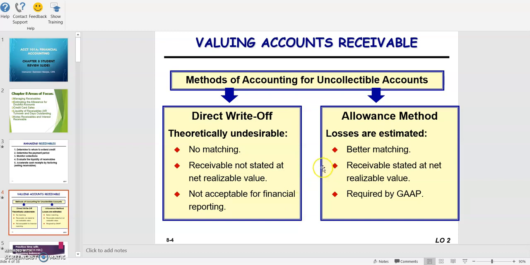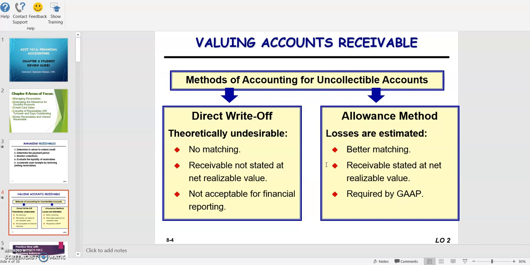And with our allowance method, we know that not every customer is going to pay 100% of the balance every single time the balance is due. So there's going to be some losses that are going to be estimated. And so our accounts receivable is going to be reduced by that estimate for uncollectible accounts.